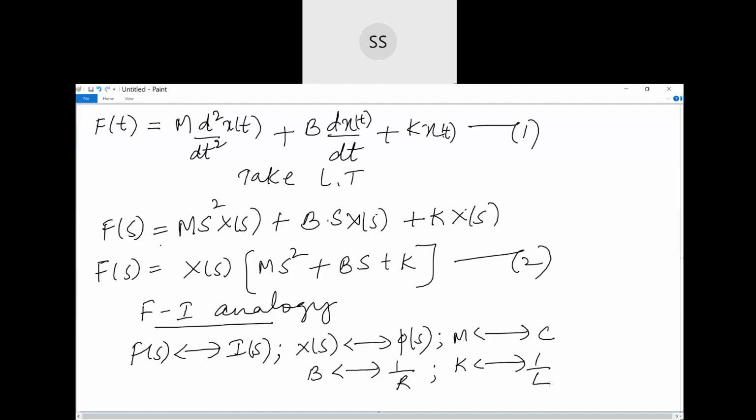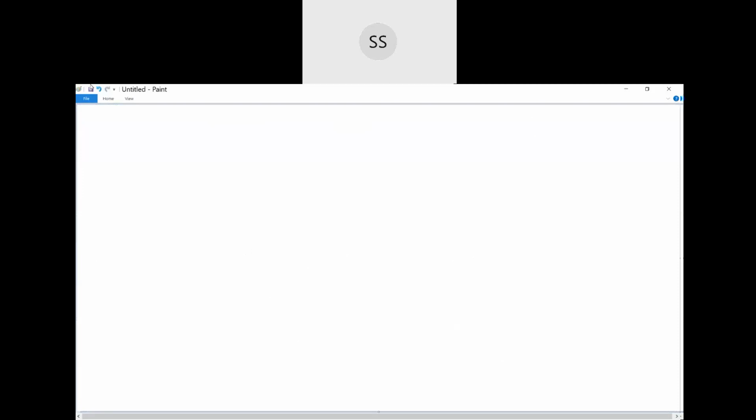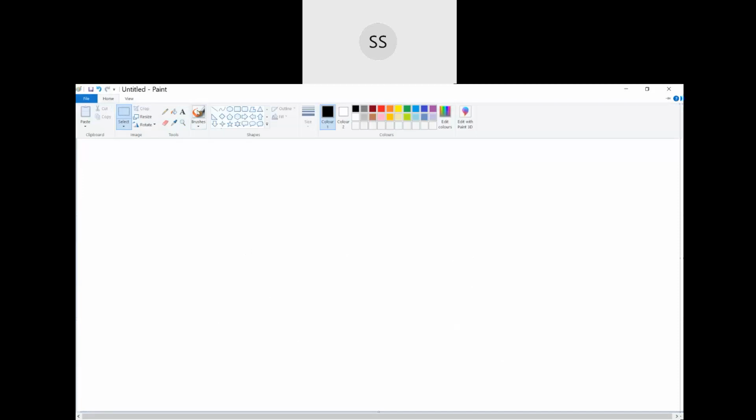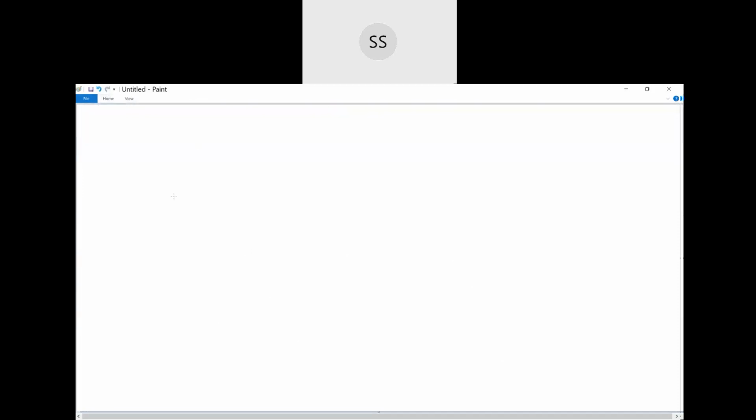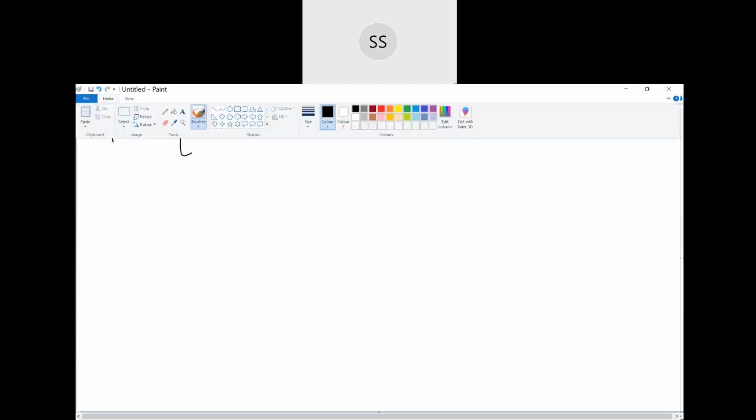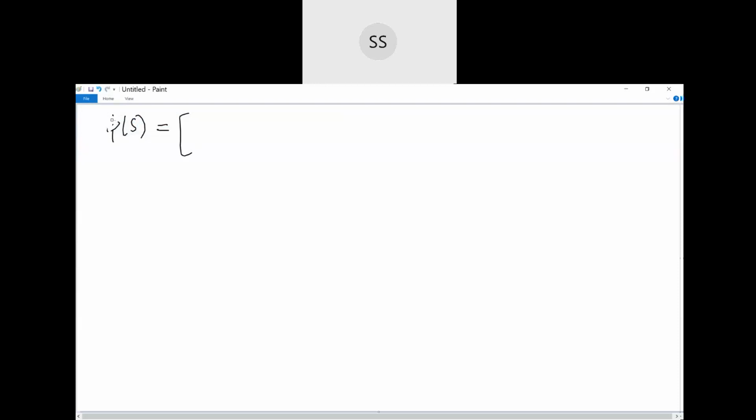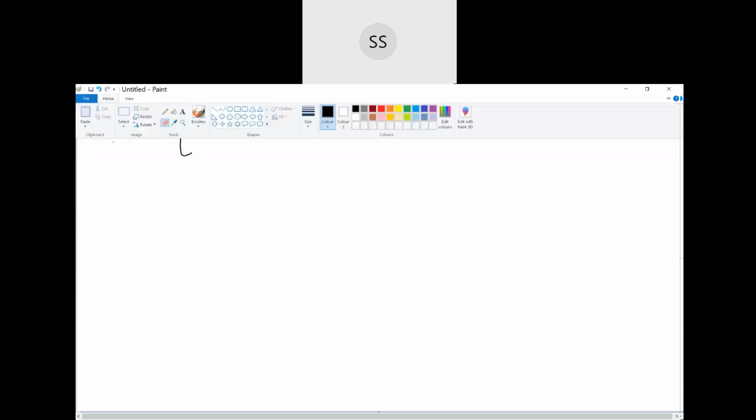So rewriting equation 2 using FI analogy, we have the next equation: it is not phi of s, it will be I of s.